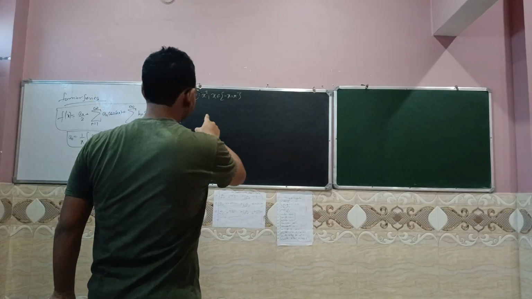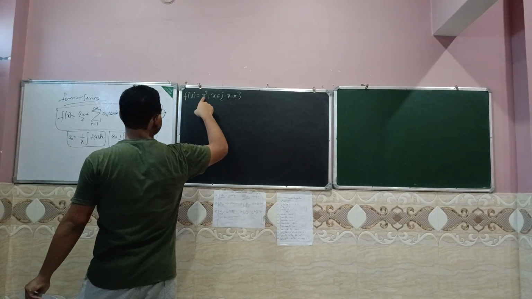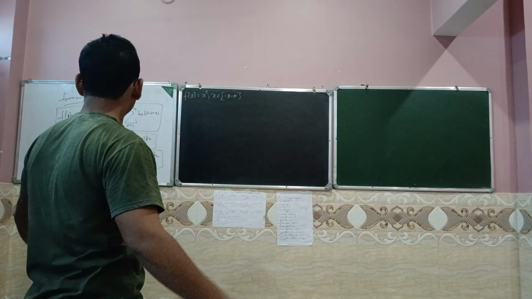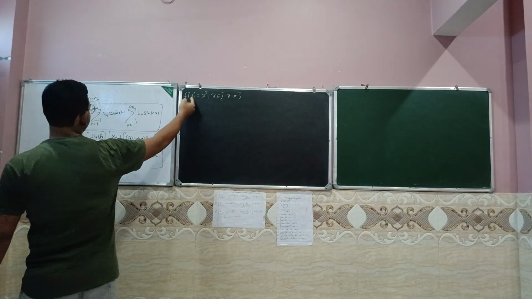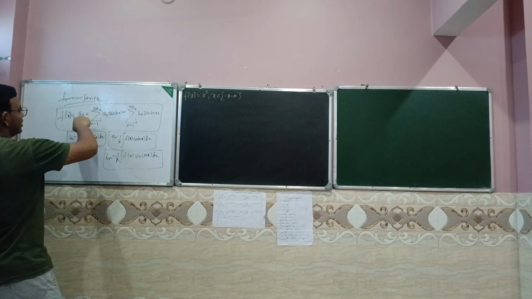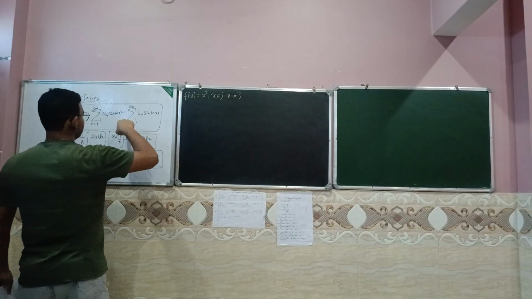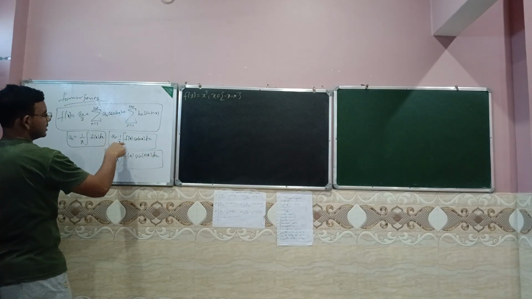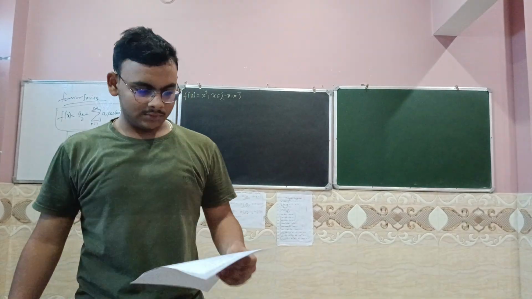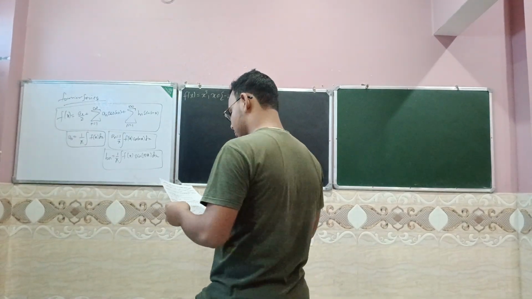It's not a big deal. Just put f of x as x cubed and evaluate a naught, a n, and b n with these integrals, and then we are good to go. So let's do this.